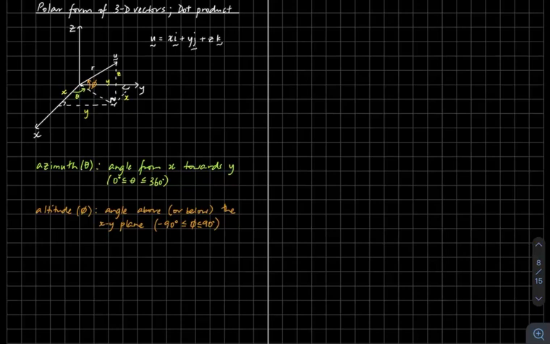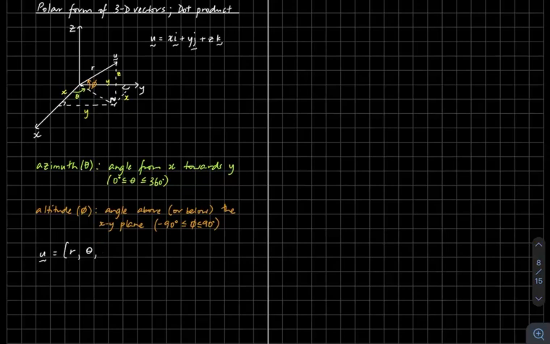Alright, so if we're trying to convert between polar form and component form, then we're going to use our x, y, and z in component form, and our r, our theta, and our phi in polar form. So we're going to say that the vector u can be written as, in polar form, r theta phi.